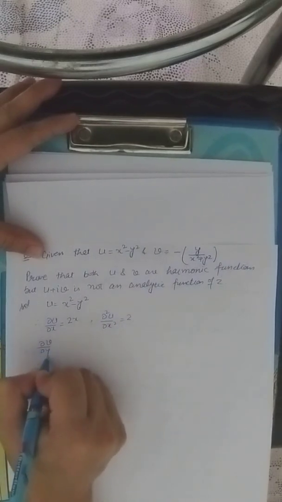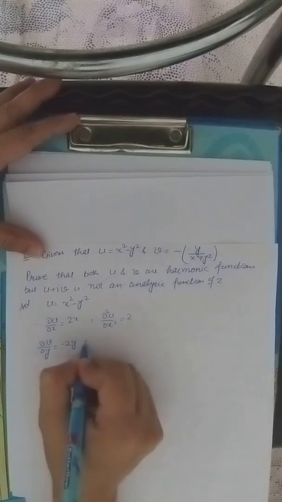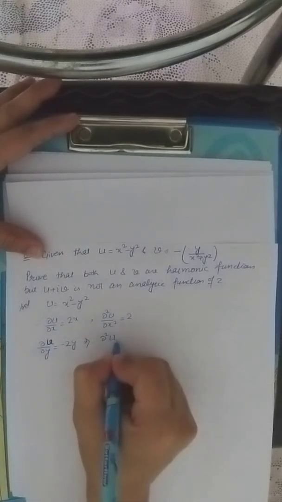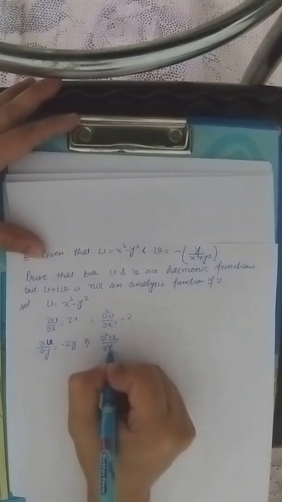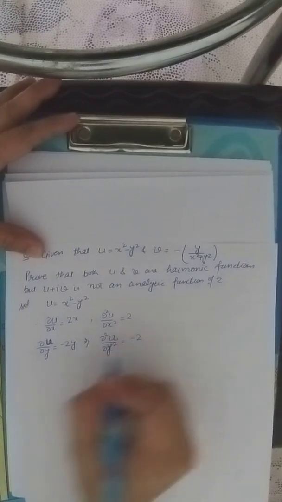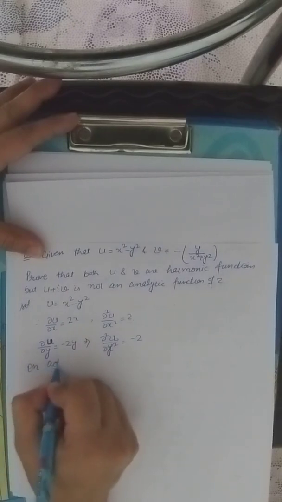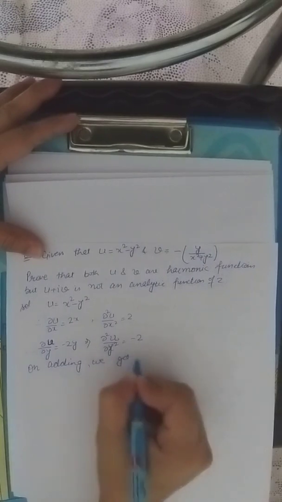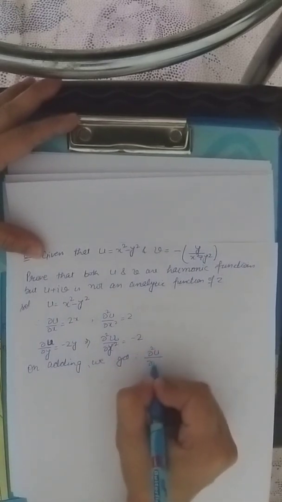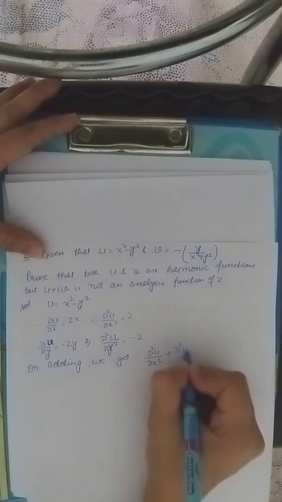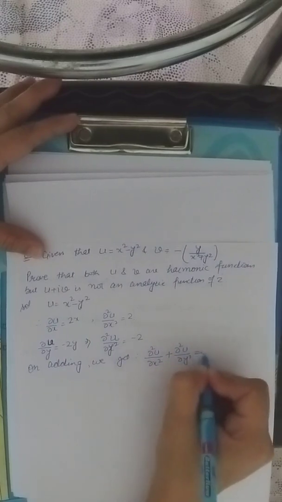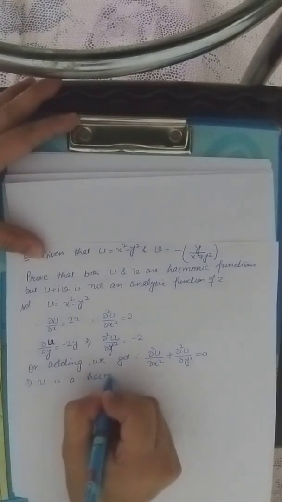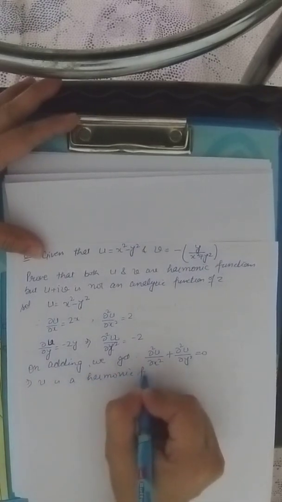The partial derivative of u with respect to y is minus 2y, and this implies the second partial derivative of u with respect to y is minus 2. On adding we get the second partial derivative of u with respect to x plus the second partial derivative of u with respect to y equal to 0, and this implies u is a harmonic function.